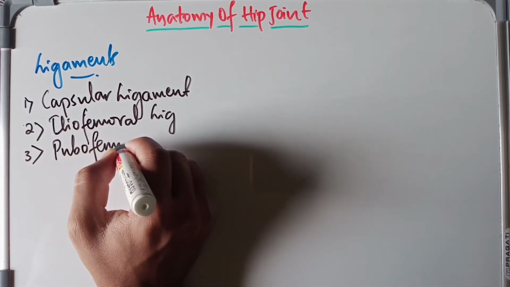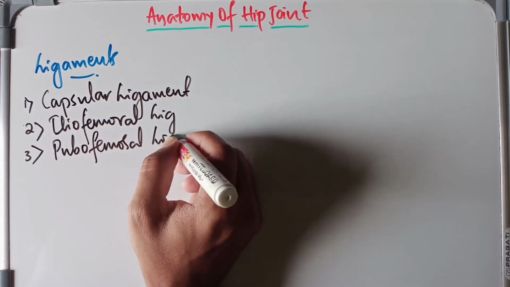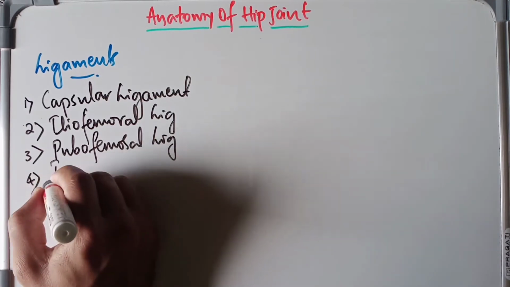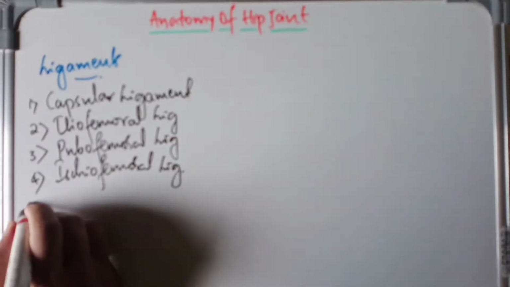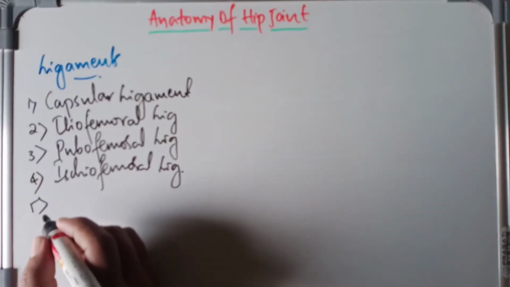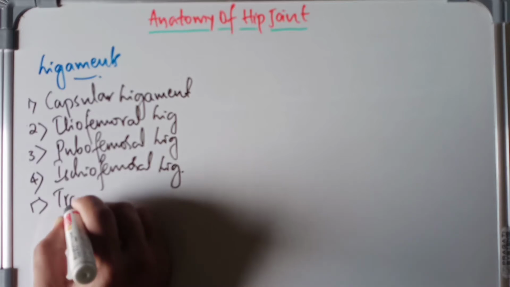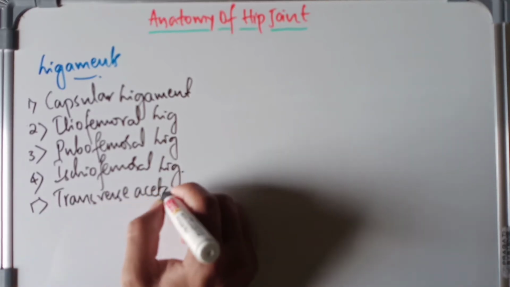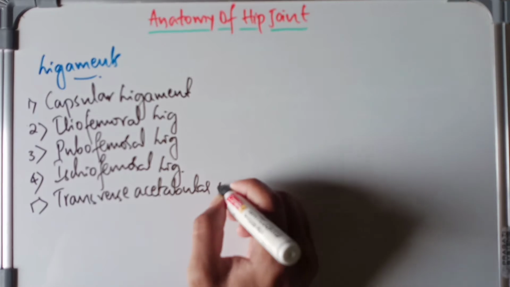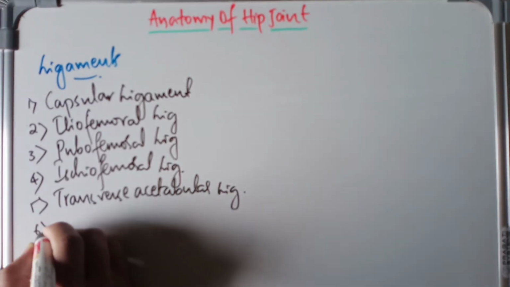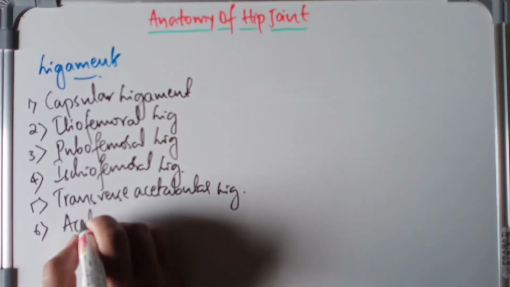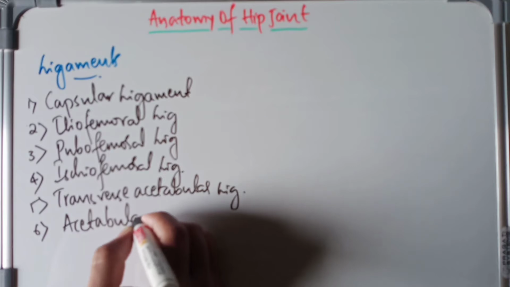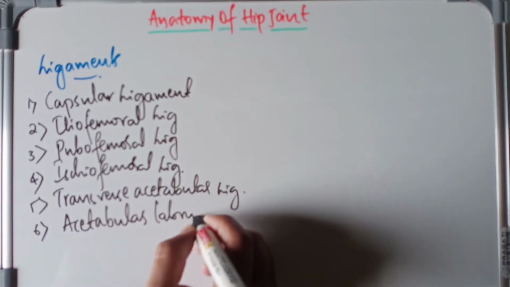Pubofemoral ligament. And then we also have the ischiofemoral ligament. The next ligament we are going to discuss is the transverse acetabular ligament. The sixth ligament is called the acetabular labrum.